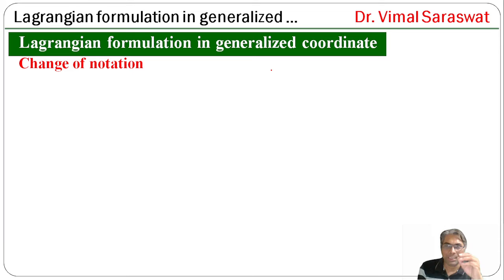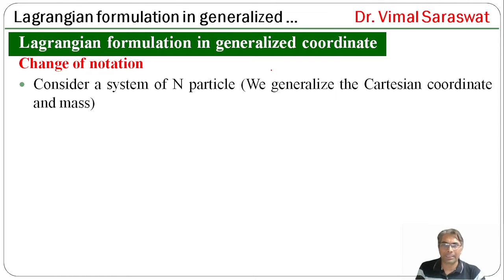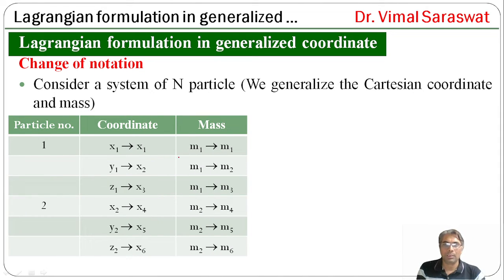First of all, we will discuss the change of notation. For it, we consider a system of n particles. We generalize the Cartesian coordinates and masses in this n particle system. For particle number 1, the coordinates are x1, y1, z1, and since the mass of the first particle is m1, the masses are m1, m1 and m1.